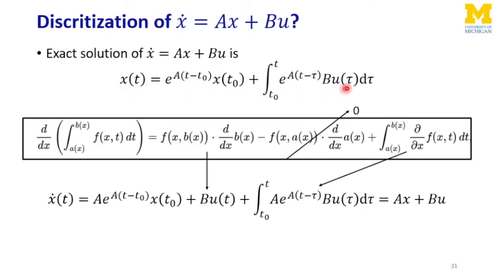To differentiate this expression, which includes an integral, we would need to use the Leibniz formula, which is shown here. So using this Leibniz formula, you can, again, pause me and look at this equation for a while, and then you will find that x dot of t, which is the derivative of this expression, ends up being equal to ax plus bu.